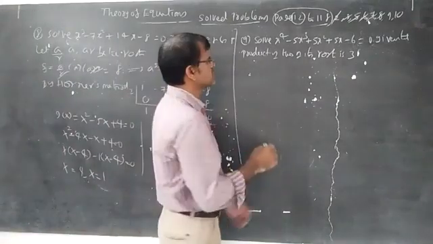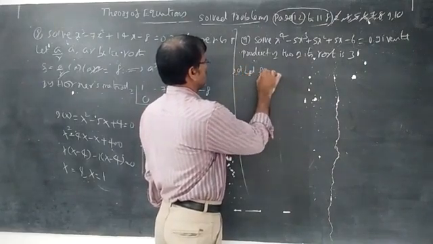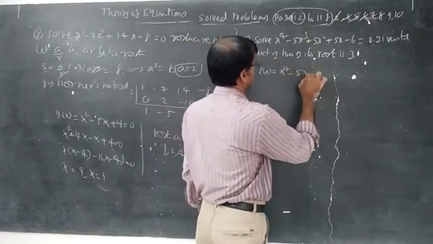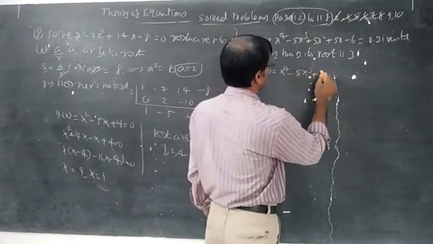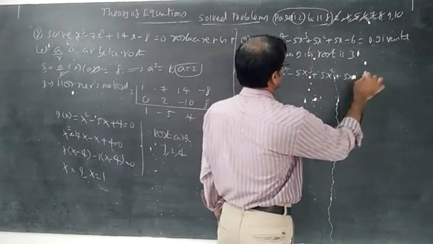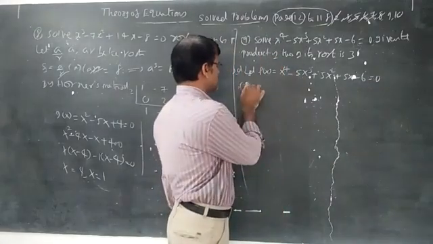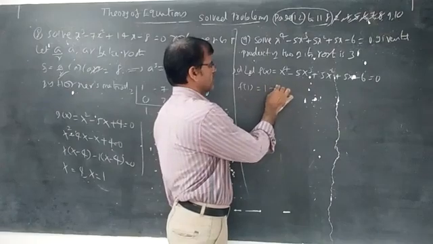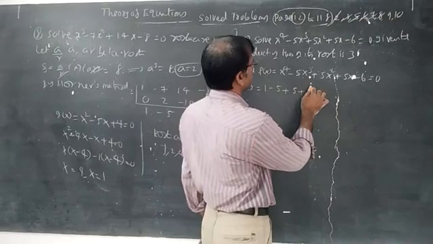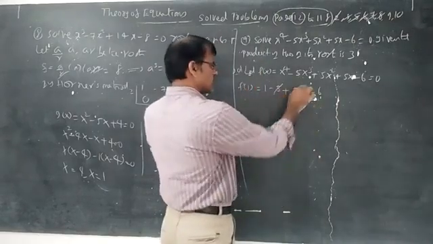So we can think, students, let f of x is equal to x power 4 minus 5x cube plus 5x square plus 5x minus 6 equal to 0. Let us try f of 1: 1 minus 5 plus 5 plus 5 minus 6, which cancels to 0.